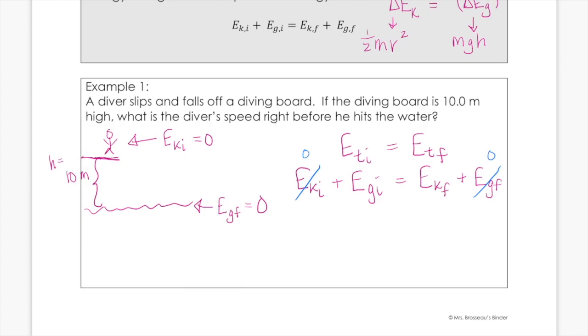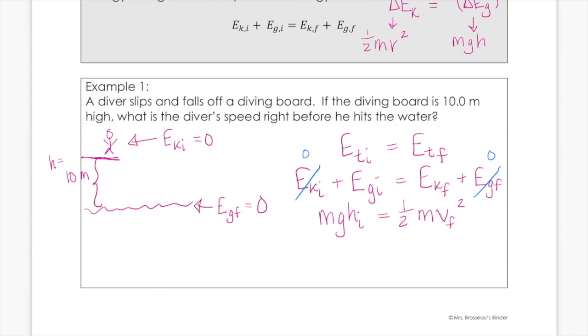Plugging in the formulas that we know, for gravitational, remember it's mass times the gravity constant times our height, and this will be our initial height. That's going to equal 1/2 mass times our final velocity squared, which is what we're trying to find.